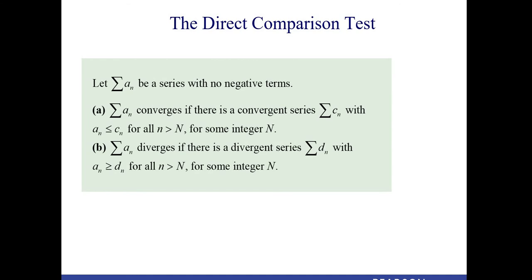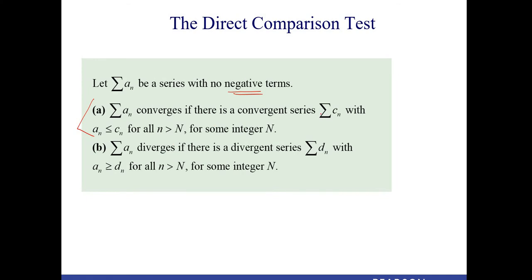The next possible test is the direct comparison test. So again, let there be a series with no negative terms. This is important. If the series converges, there is a convergent series where a sub n is always less than c sub n for all n greater than some integer. This was the second little thing we did in our pre-warm-up.